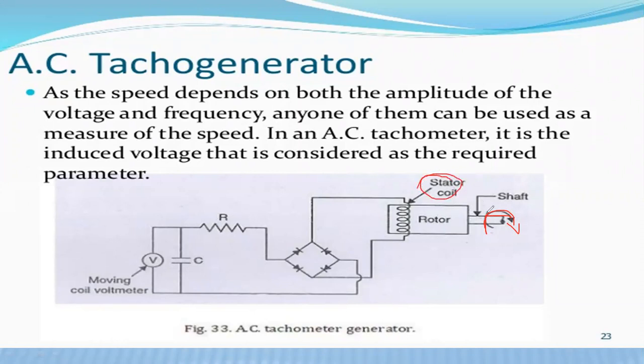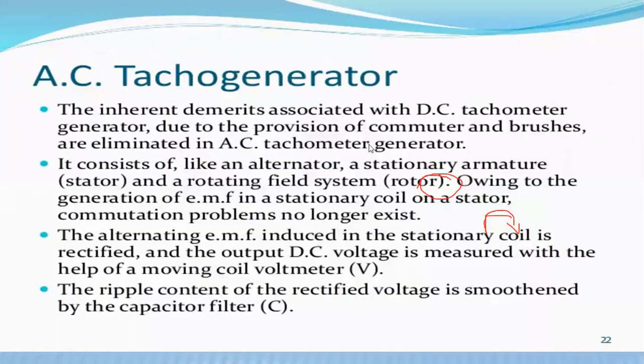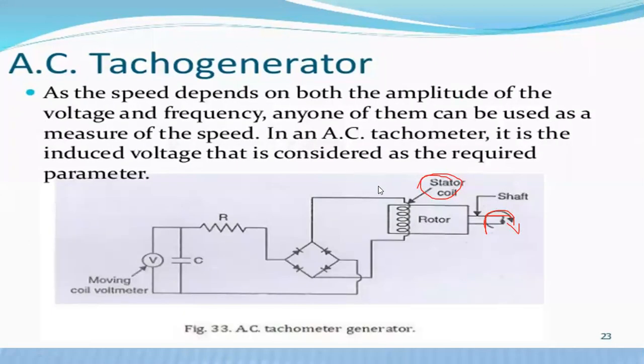In a DC tacho generator, the shaft is connected with the armature, and in that armature we have a commutator with brushes. In the AC tacho generator, the commutator and brushes are eliminated, and in their place we take a rotor and a stator coil.